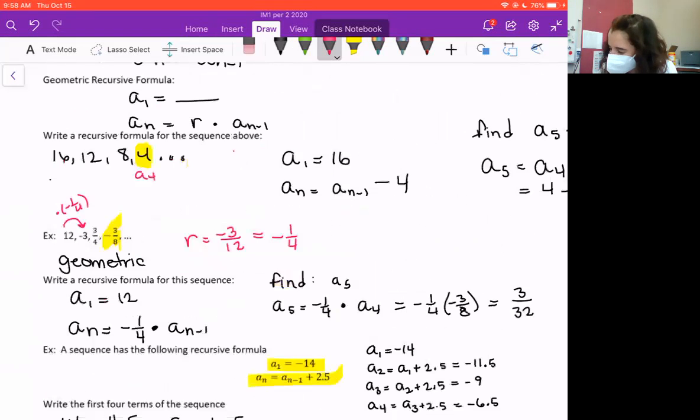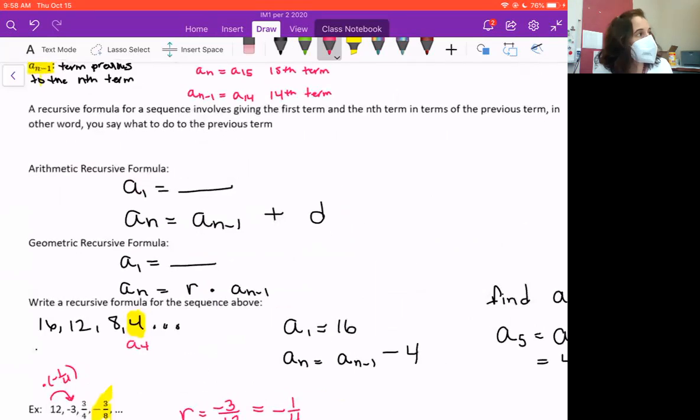But if it is arithmetic or geometric, you should see the pattern. You should be able to write a recursive formula. There's a part on Delta Math that's going to have you write arithmetic and geometric recursive formulas. Arithmetic, you're adding the same number every time. Geometric, you're multiplying by the same number every time, okay?